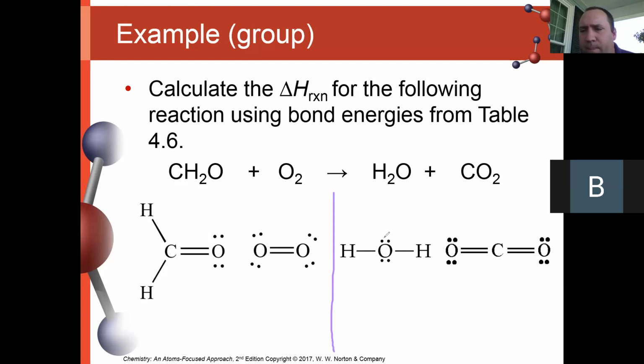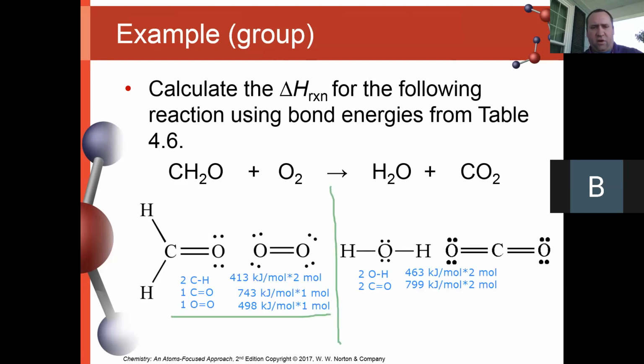Okay, so there was a bit of a trick in this one. For whatever reason, the carbon to oxygen double bond in carbon dioxide is different in its energy compared to most other carbon to oxygen bonds.